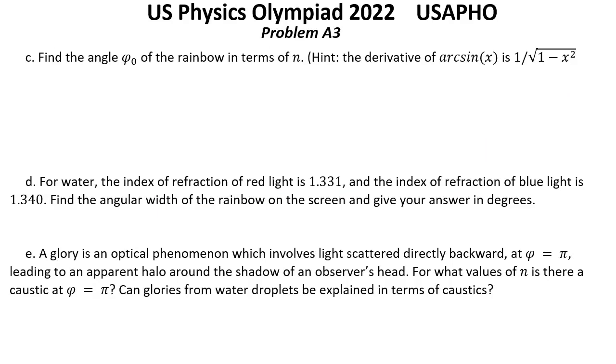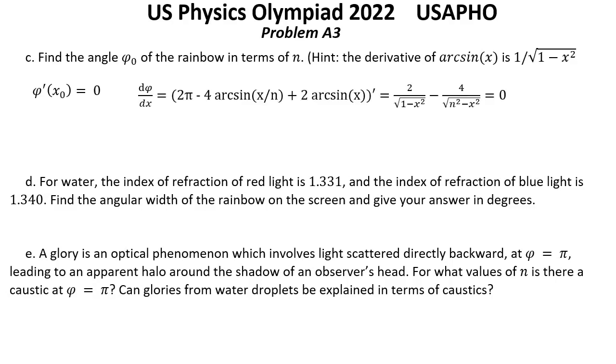Solution for question C. Find the angle phi0 of the rainbow in terms of n. Hint: the derivative of arcsine x is 1 over the square root of 1 minus x². Solution. The condition for a caustic is phi prime equals 0.